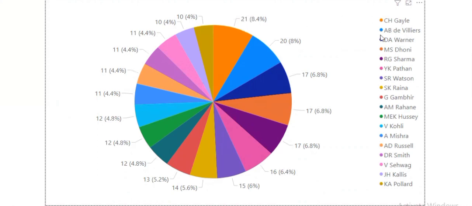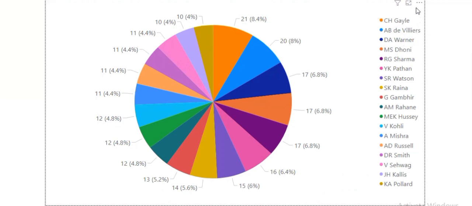If we look at Kieron Pollard, he won only 10 man of the match awards. Looking at the whole chart, I can say that Chris Gayle is the most successful player.